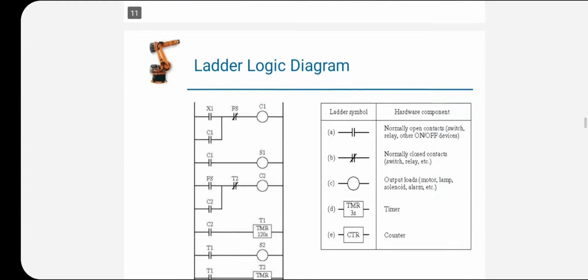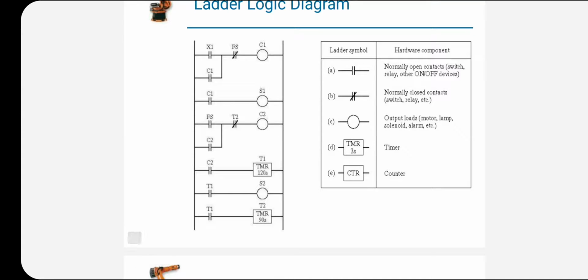So let us study the ladder logic diagram. The first symbol A is used for a normally open contact switch, relay or on off devices. Then the second, B, is a normally closed contact for switch and relays.